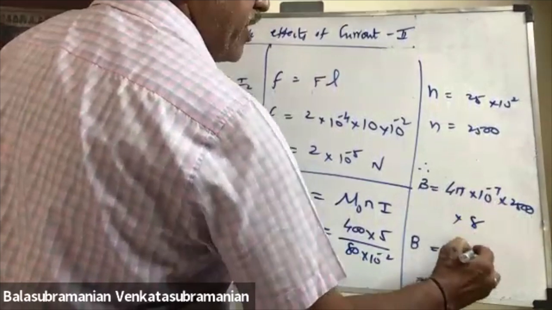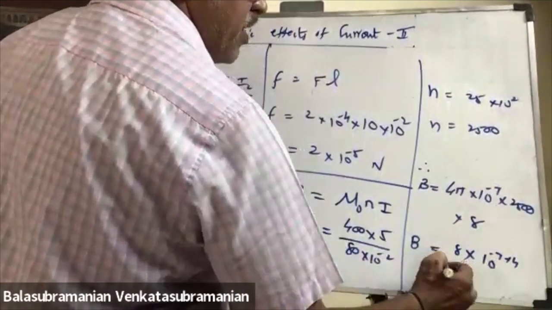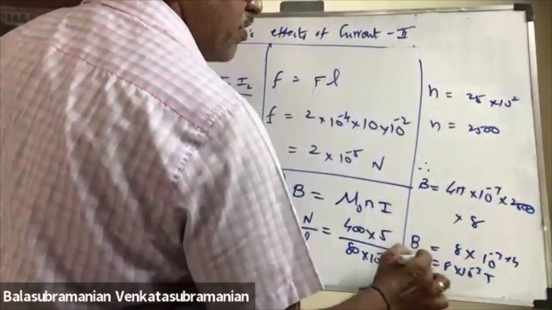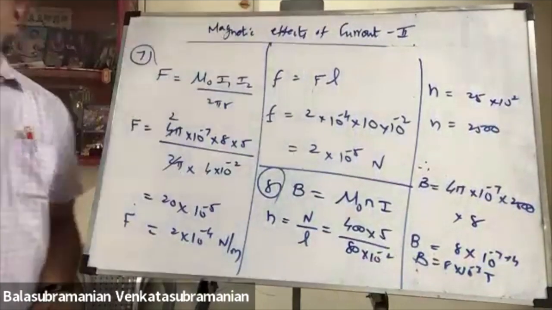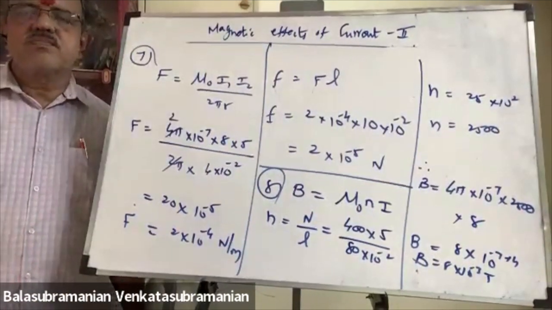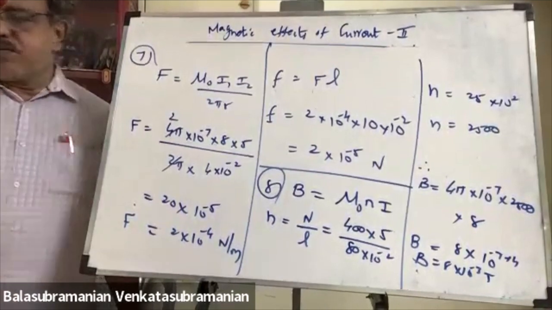So 8 into 10 power minus 7 plus 4. 8 into 10 power minus 3 Tesla. 8 into 10 power minus 3 Tesla. Correct? So this is the 8th problem.